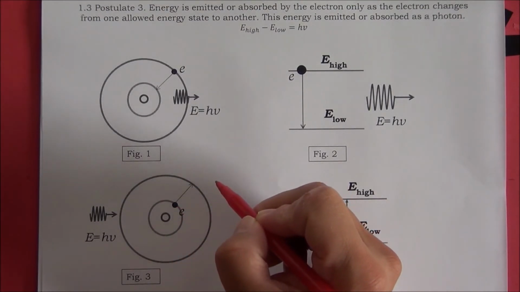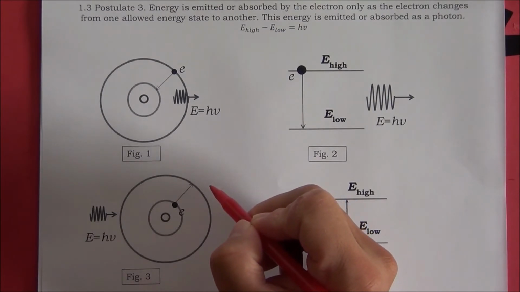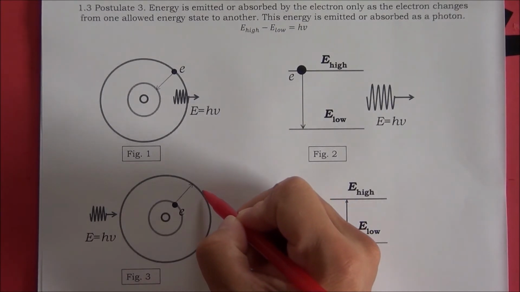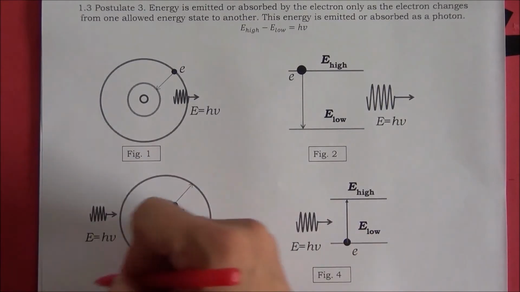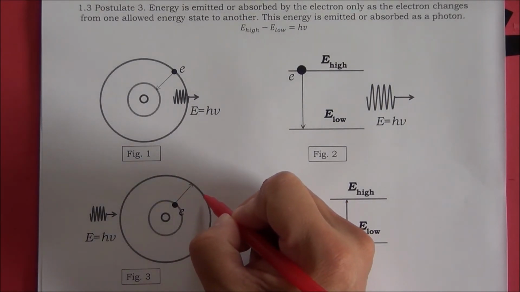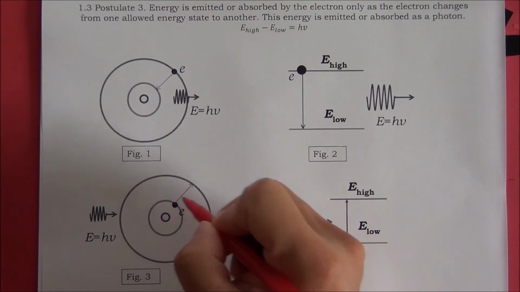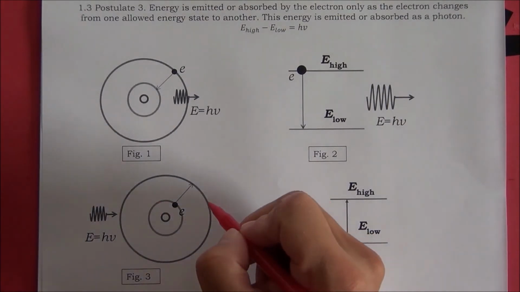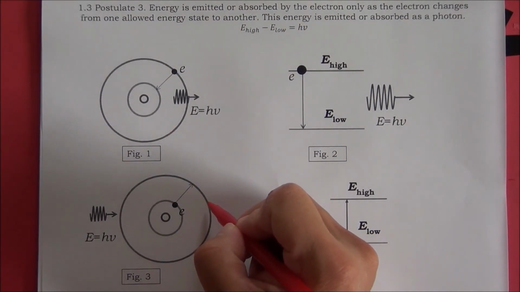In a different scenario, suppose there is an electron on n equal to 2 orbital at the beginning. If a photon has an energy that is equal to the energy difference between n equal to 2 orbital and n equal to 6 orbital, then the photon will be absorbed by the atom. After absorbing the photon, the electron will be on n equal to 6 orbital.